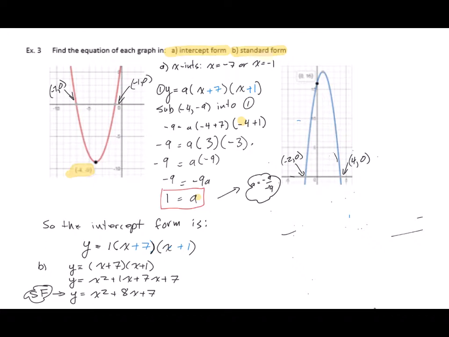Now, there's 2 ways to do this problem. If you recall, I taught you about the step method a while back. Now, the step method says that for regular y equals x squared, the steps are going to be 1, 3, and 5.